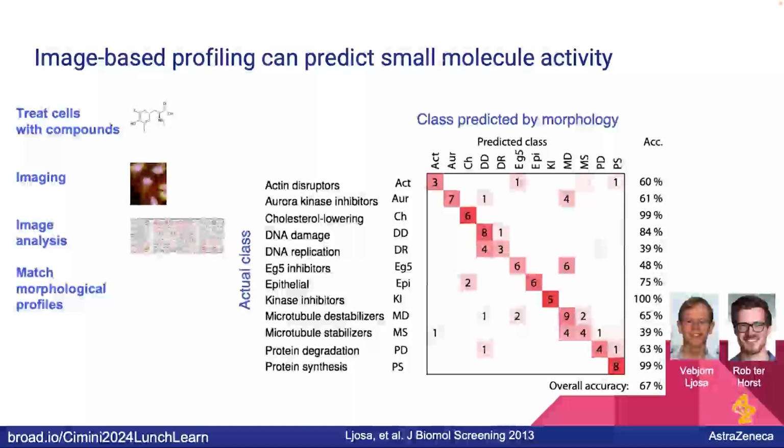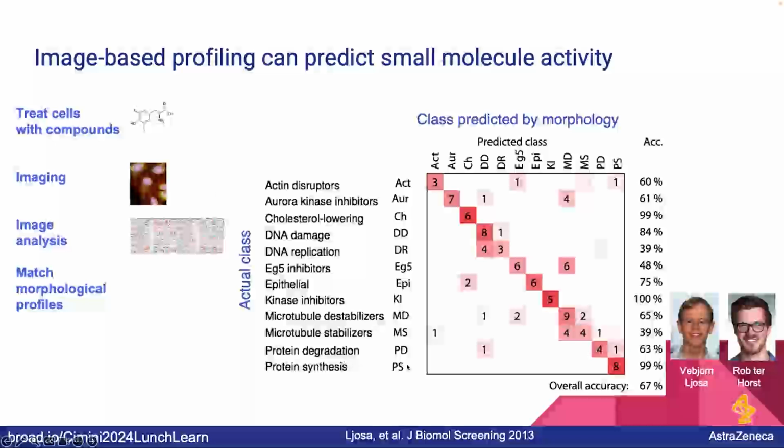So this is one of my favorite papers from earlier in the field. They have a bunch of drugs with known mechanisms of action. They have a DNA marker, an actin marker, and a tubulin marker. And they want to know, based on image measurements, can you put the drugs back together into classes? And you're probably not incredibly wowed by 67% accuracy until I tell you this is just with the nucleus, not with the whole cell.